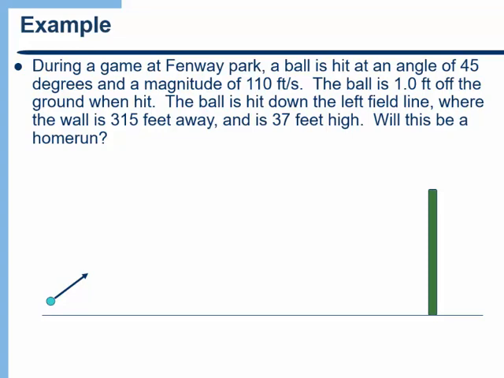We're given v naught, and v naught is 110 feet per second. We're told that the initial height, y naught, is 1 foot. I'm going to put my origin right here, and so x naught is equal to 0.